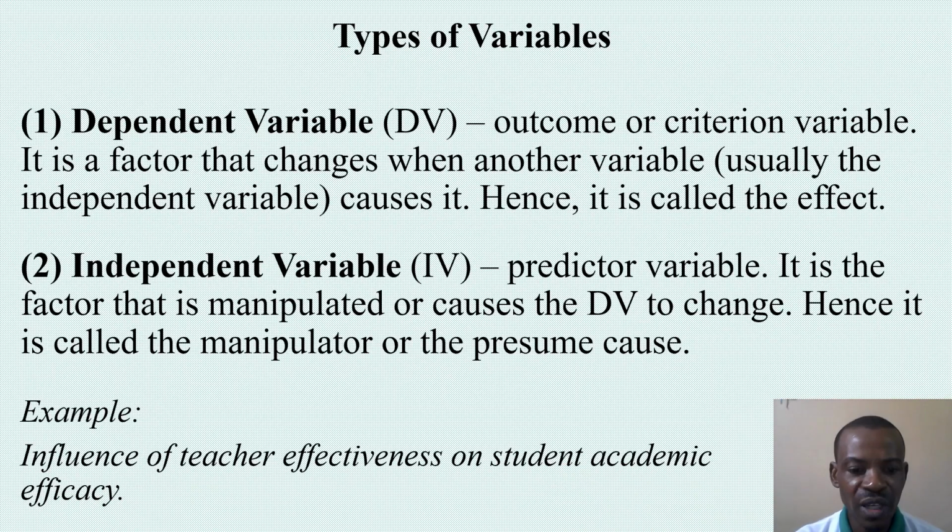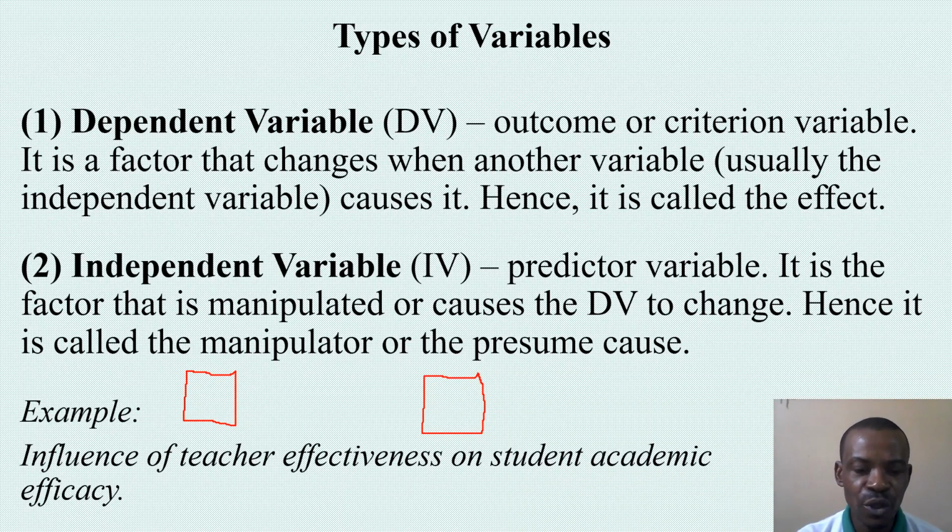To demonstrate this more practically, let's look at a model with a schematic diagram to explain how IV and DV are related. In my future video about conceptual framework, how to design or develop a conceptual framework, we're going to understand this model very well.